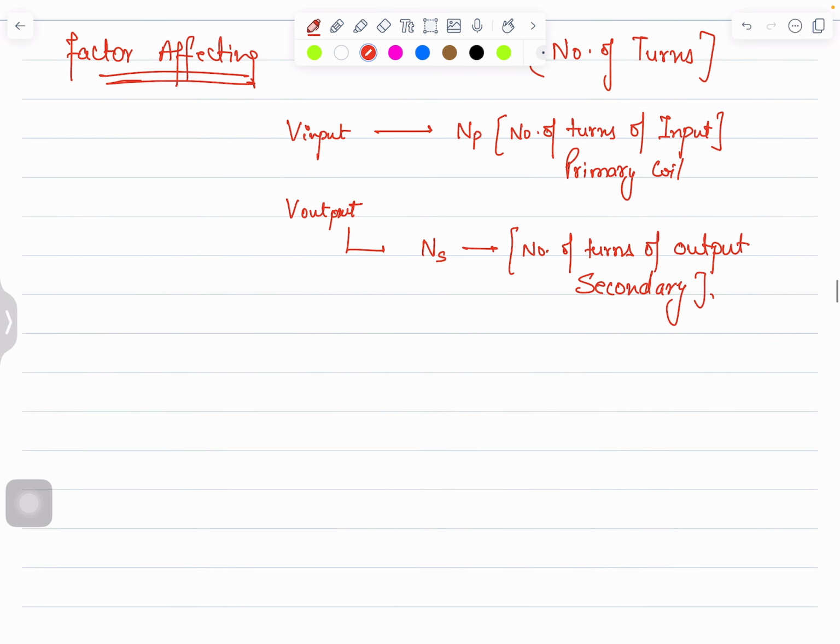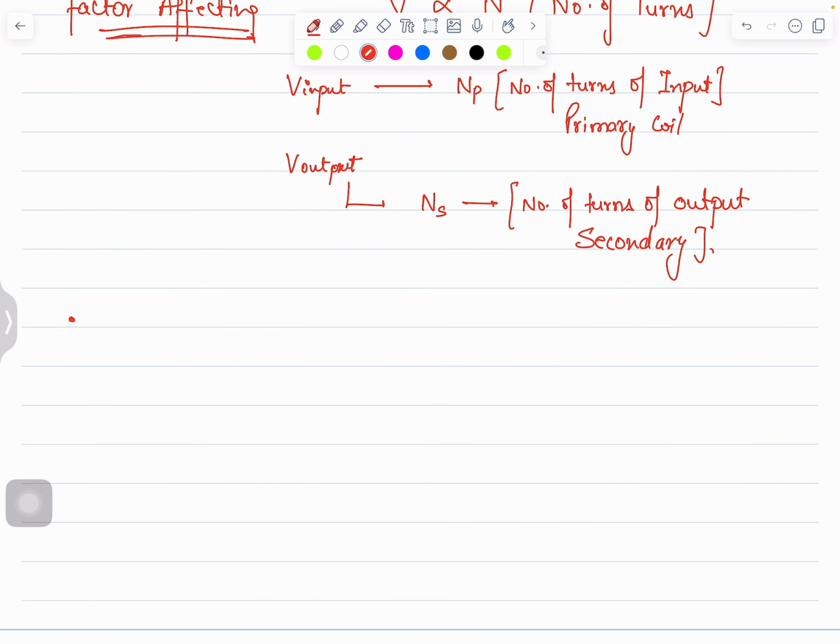Now focus point by point. Mathematically, the first point, as we know, V induced equals negative N d phi over dt, yes or no? In the same way, you have two cases. V input, can I say, is negative NP d phi over dt. Second case, V output equals negative NS d phi over dt.